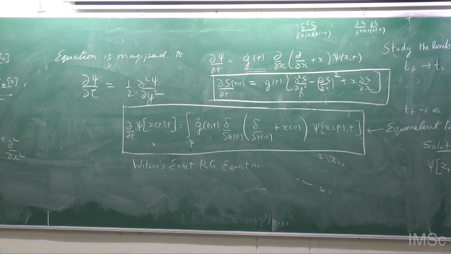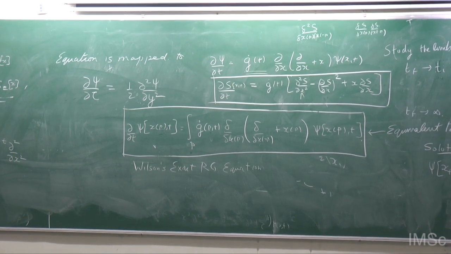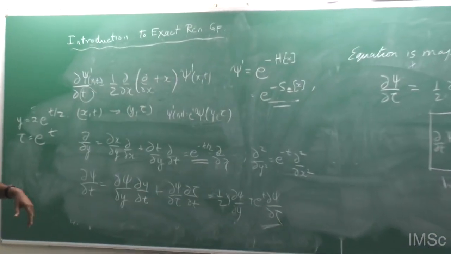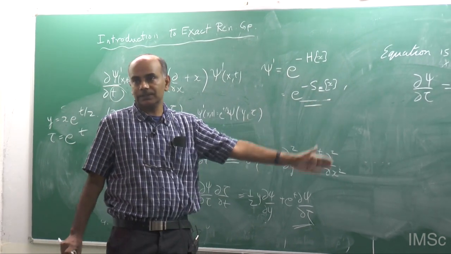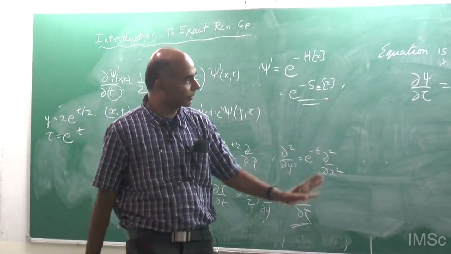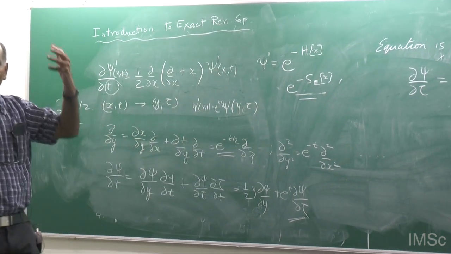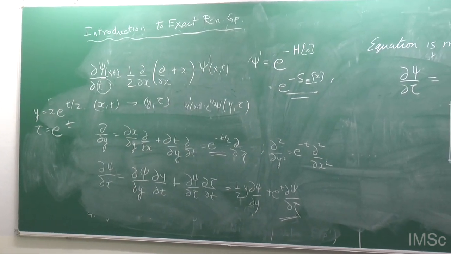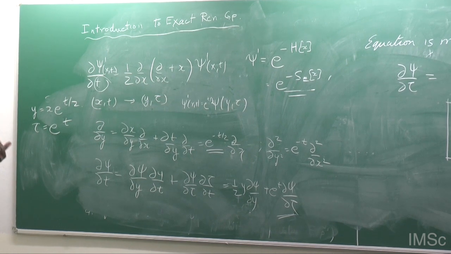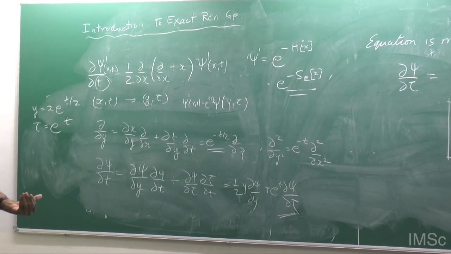So to summarize, what we've done is I have written down the original equation that Wilson wrote down, along with giving you his motivation, and the motivation is simply that in the process of evolving this t, you're integrating out the high momentum degrees of freedom faster than the low momentum degrees of freedom.